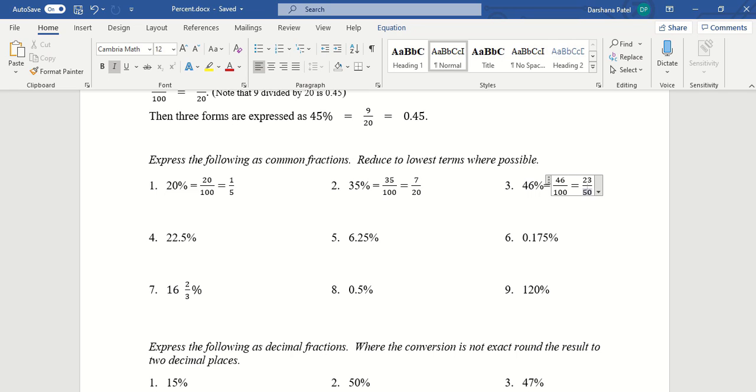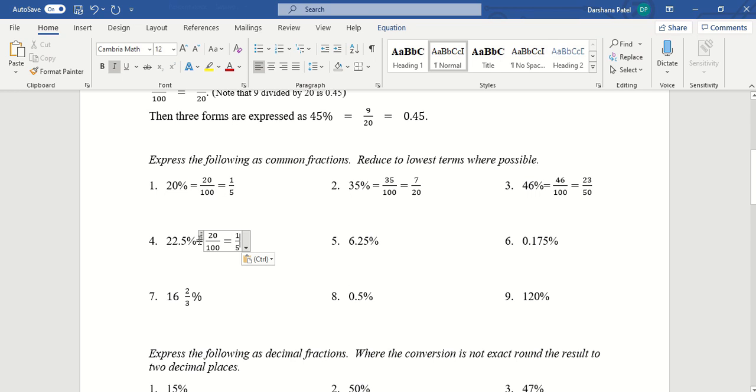Now what if it was already in decimal? If the number is already in decimal, we can first convert that into a fraction and then divide by 100. So 22.5% will be written as 225 divided by 10, because there is one number after the decimal, and another 100, so it will be basically divided by 1000.